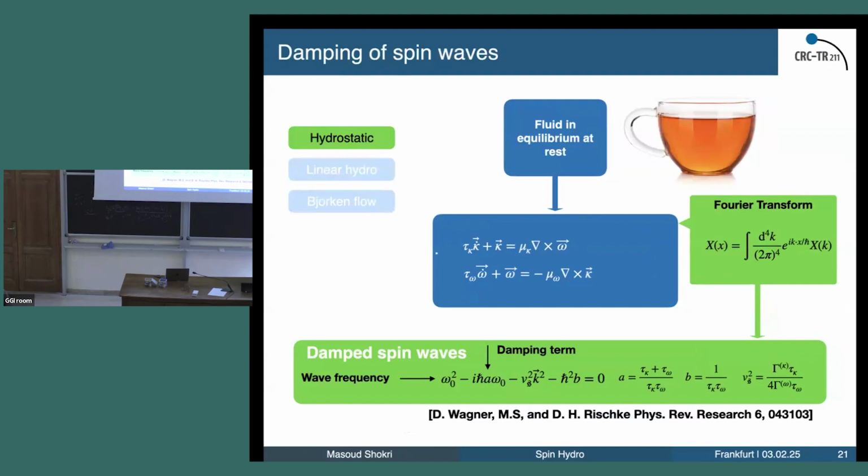The spin equations are quite simple here. If you do a Fourier transform, what you find is that these are actually wave equations. They give you some damped waves, and this is the frequency of the wave. The damping term is determined by a combination of the two relaxation times for kappa and omega.